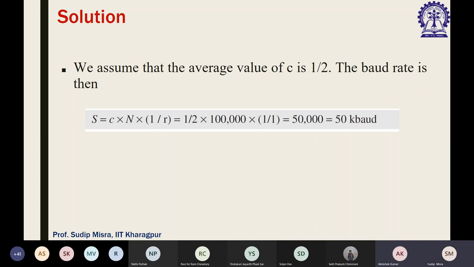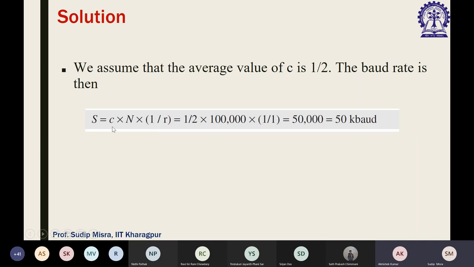You are right. It is 50 kbaud. So how do we get it? We use the same formula. S equal to C into N into 1 by R. N is given, R is given, so only the C remains.